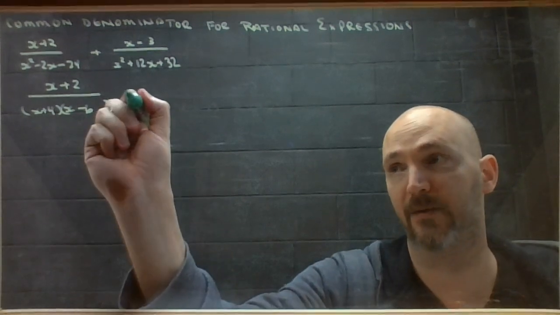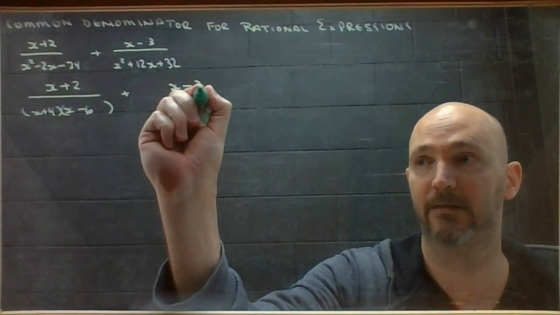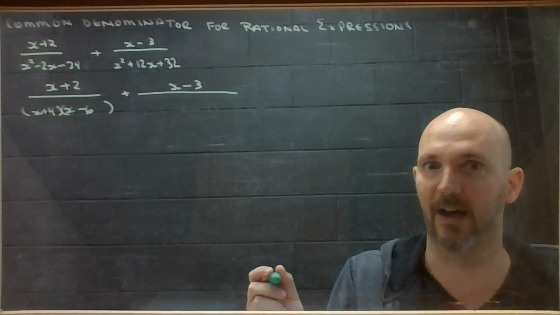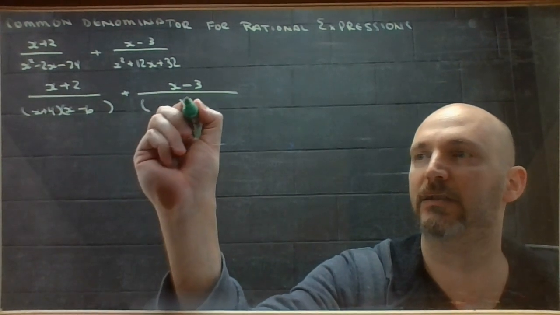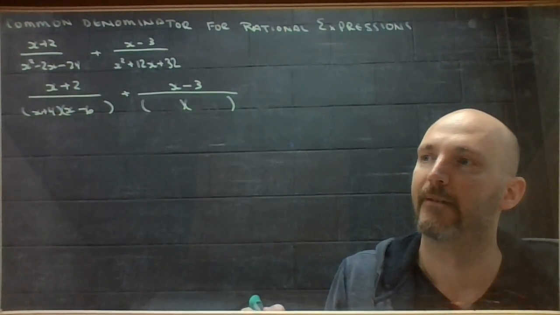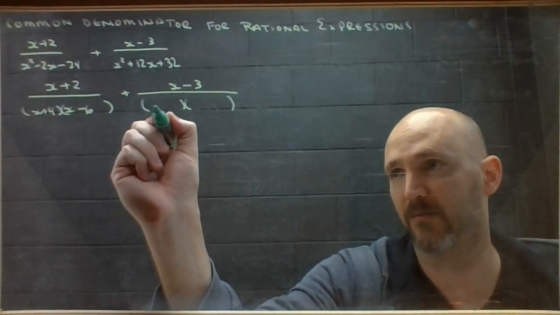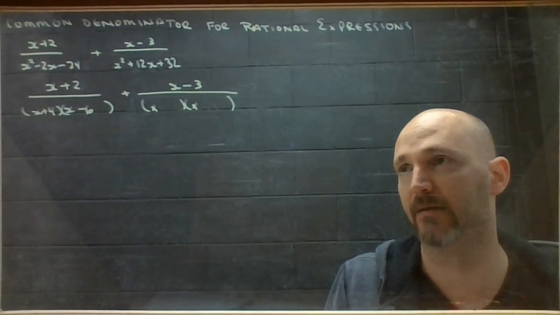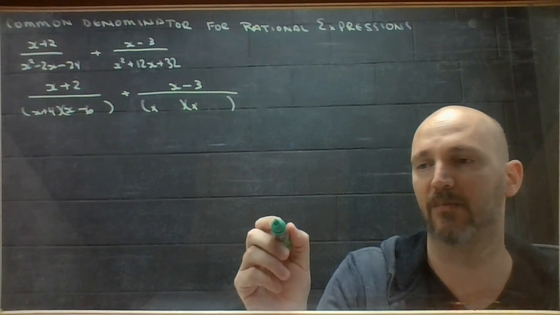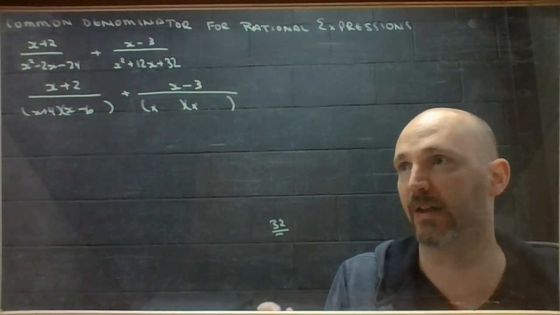And we'll try this other one here. On the great mystery, will it factor? So I need an x in both brackets, and I need two numbers that multiply to 32 and add to 12.